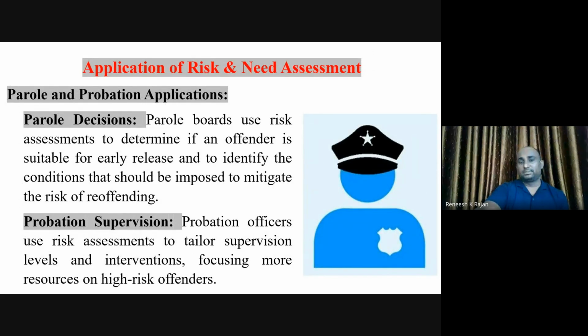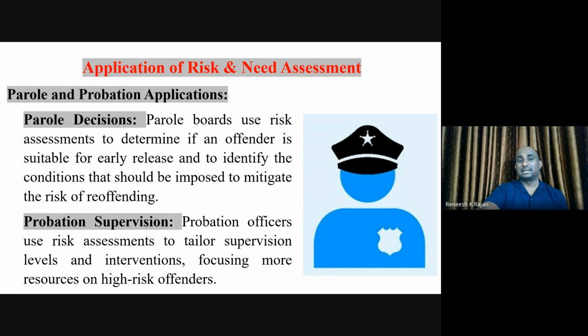Parole and probation applications are another option. Parole decisions: the parole board uses risk assessment to determine if an offender is suitable for early release and to identify the conditions that should be imposed to mitigate the risk of reoffending. In Indian correctional institutions, we have a parole board. Before giving parole, if you conduct a risk and need assessment, we will have an idea whether to give parole.